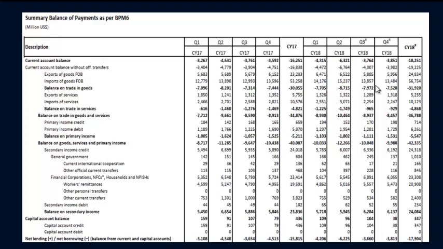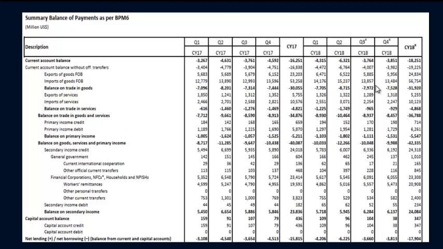So this is 4 quarters in the year 17, which goes from June 17 to June 18, and it shows that the current account balance in the first quarter was minus 3.2 billion, and then minus 4.6 billion, minus 3.7 billion dollars, and minus 4.6 billion.